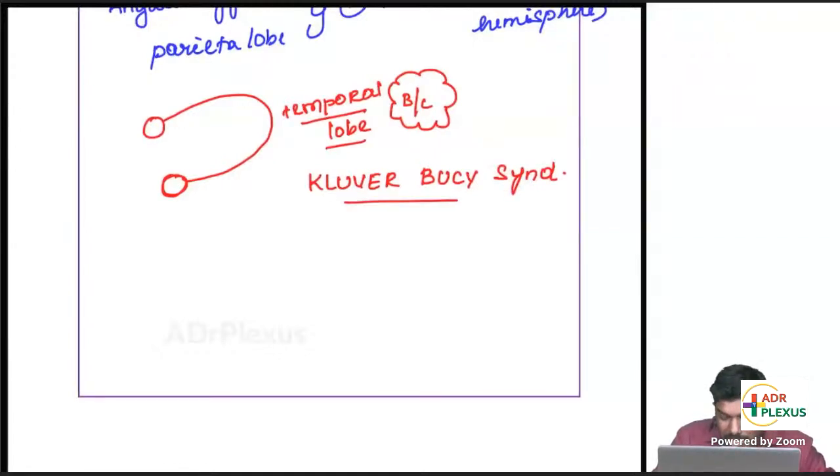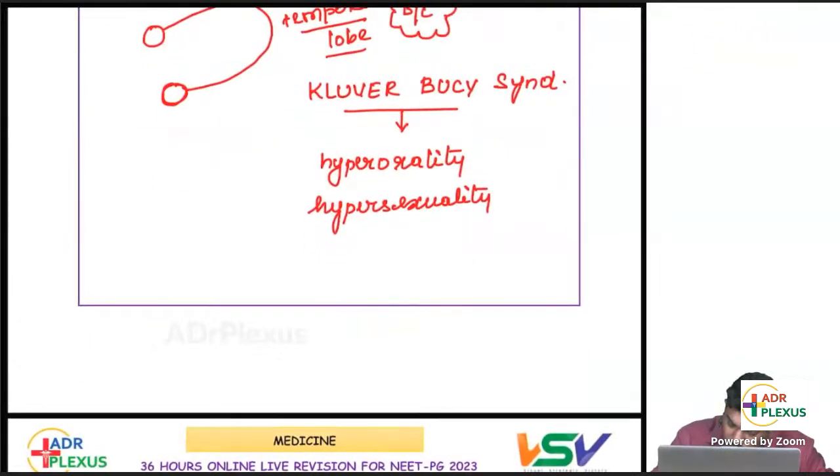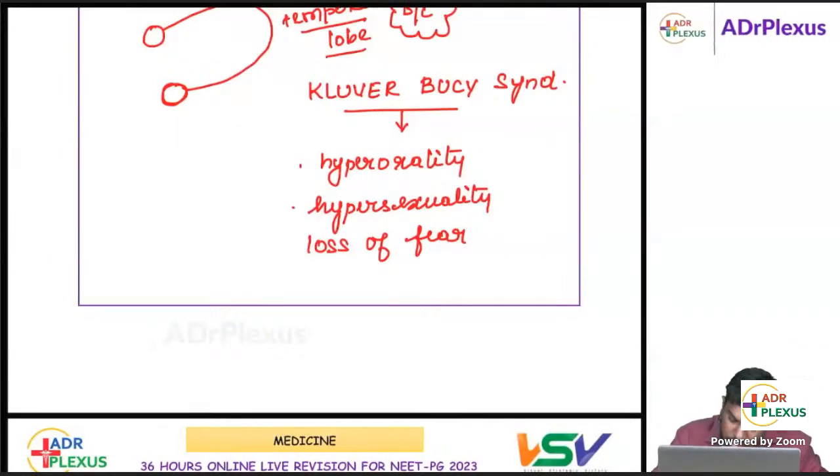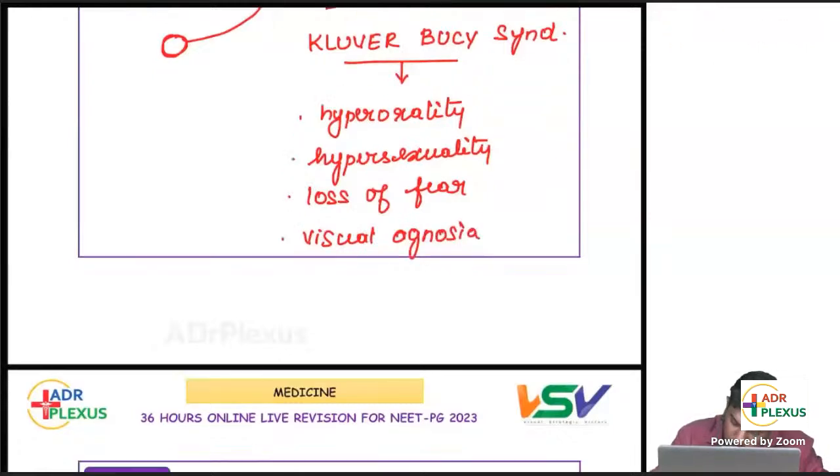What does he have? Hyperorality, hypersexuality, loss of fear, then visual agnosia, amnesia.